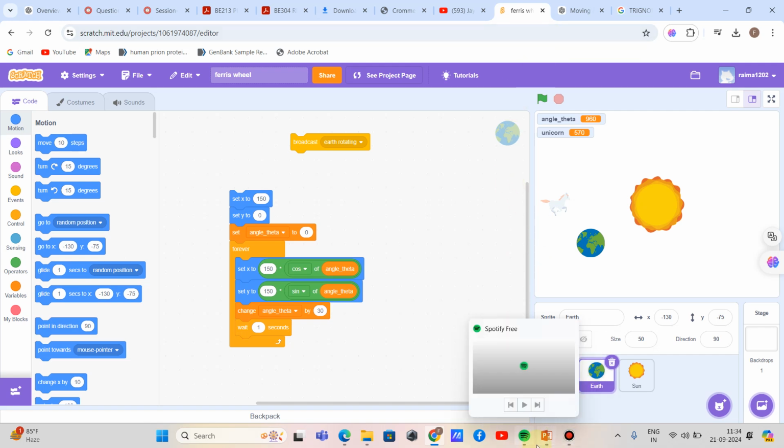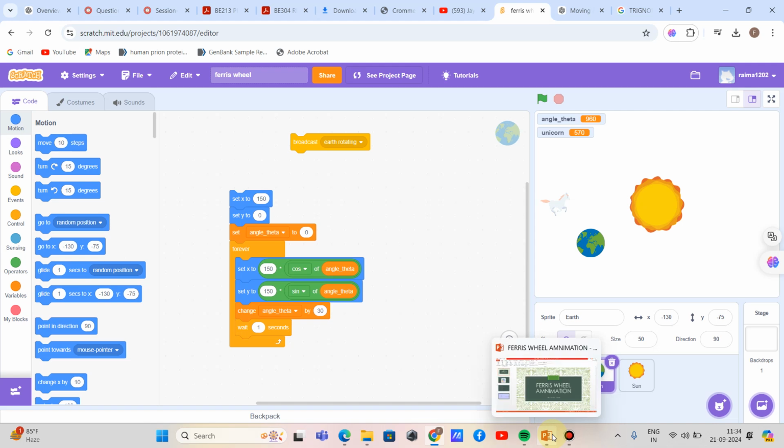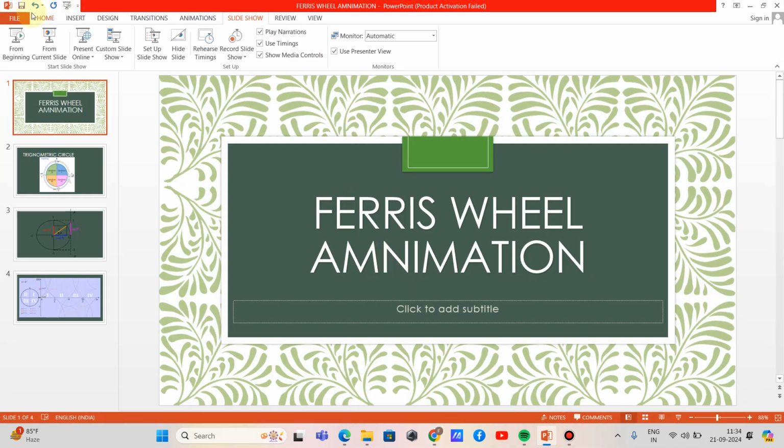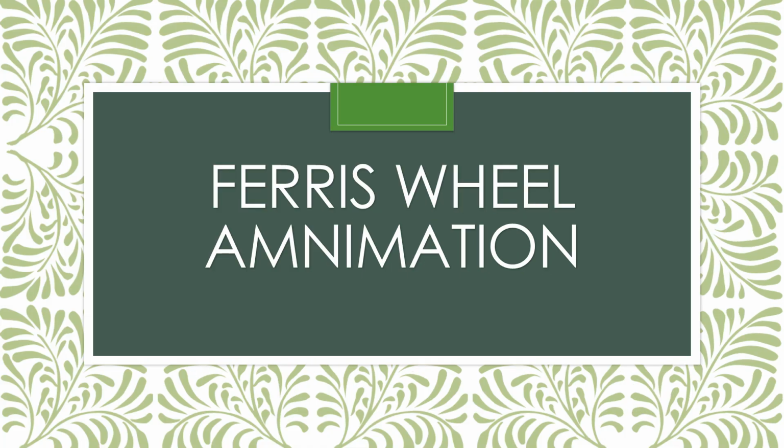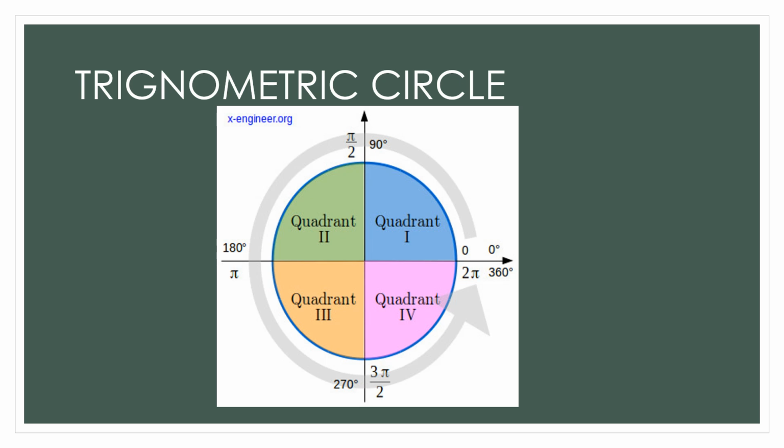So what logic did I actually use to make these sprites rotate in a circular fashion? To make a motion similar to a Ferris wheel, I used the trigonometric coordinate system, which you might have heard of as the parametric equation form.